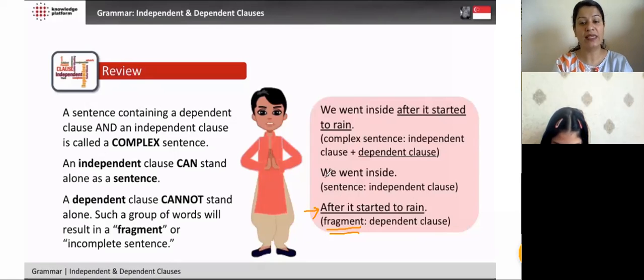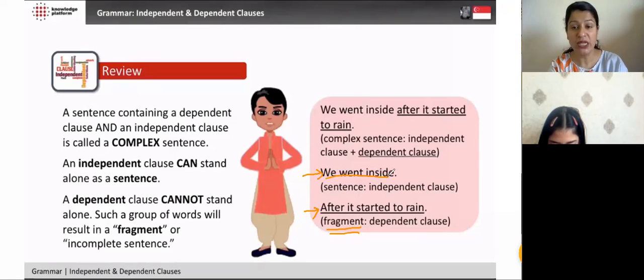This requires an independent clause to complete its meaning, to convey its meaning. Okay? Whereas we went inside, although this is an independent clause, the concept is complete. We have the subject, we have the verb.